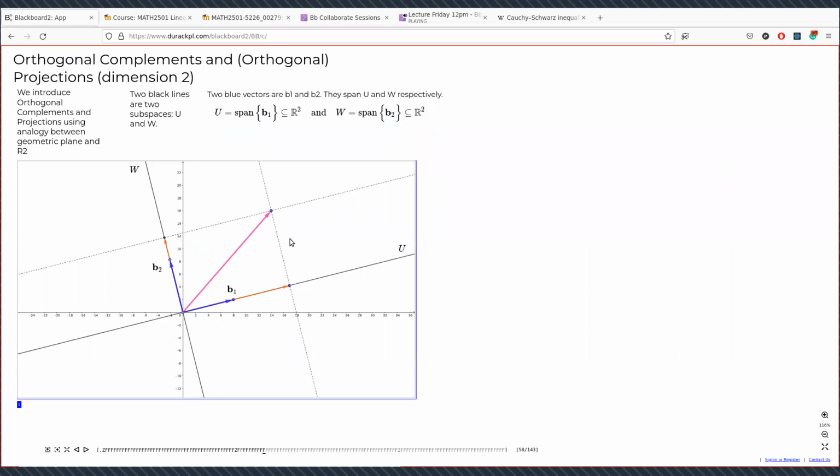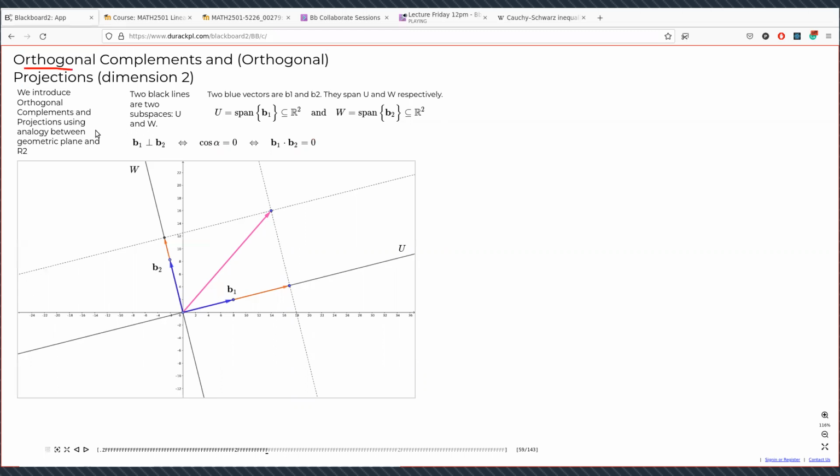So I'm using this graph to present the analytical, symbolic writings for the elements of this graph. It's very, very useful to keep this picture in mind every time you think of orthogonal complements and orthogonal projections. On my graph, you can see that I intentionally made my vectors perpendicular, and that's important.